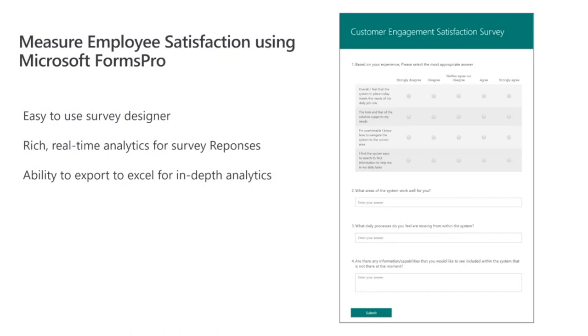It also offers real-time analytics for the survey responses, allows you an easy way to spot trends. It also gives you the ability to export these responses to Excel. This can potentially be useful if you want to feed some of this feedback into your project planning and activities.